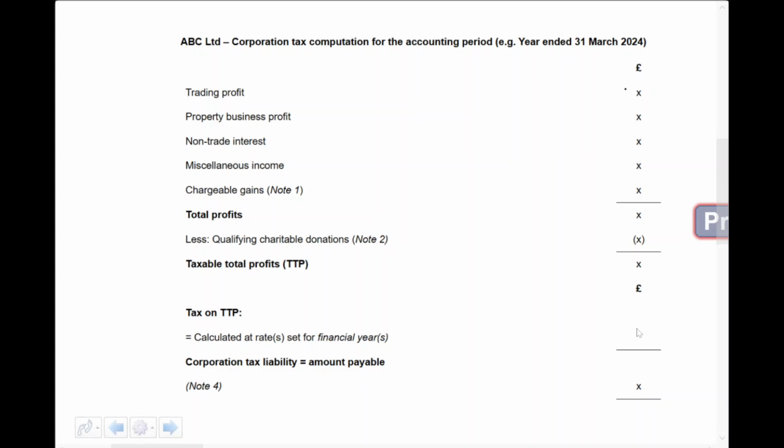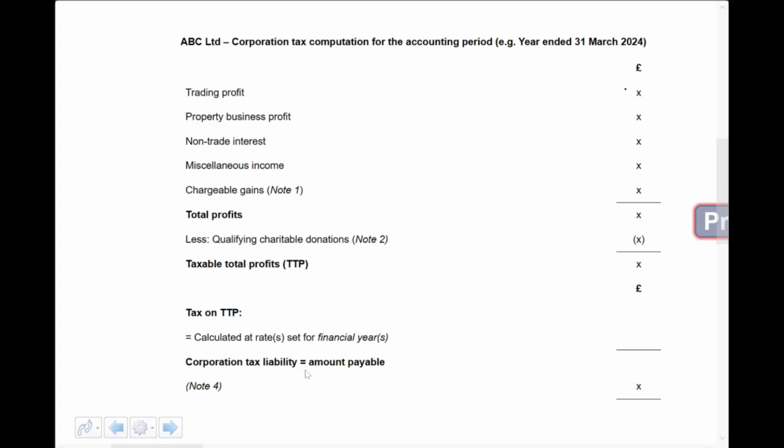Now down below, we know this is an area that the examiner is going to target, certainly in our TX exams for 24-25, i.e. FA23, because of the change in rates. So what we see here is the TTP and then tax calculated at the rate for the financial years.